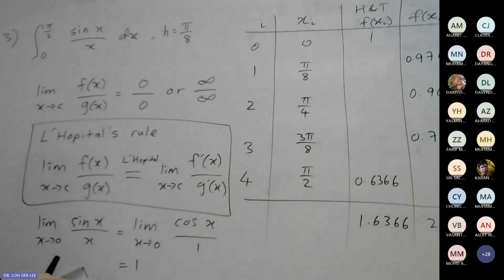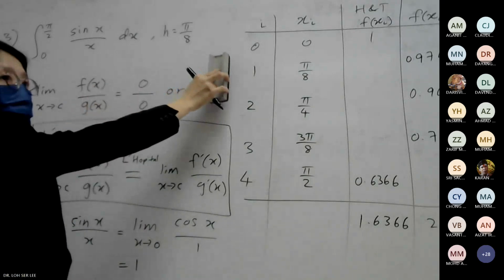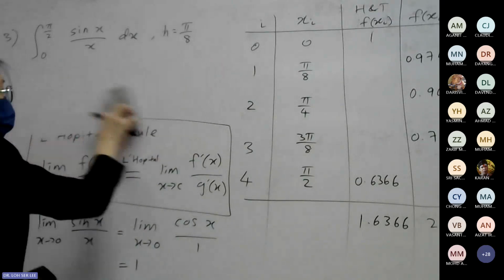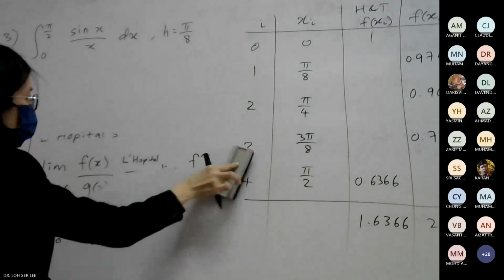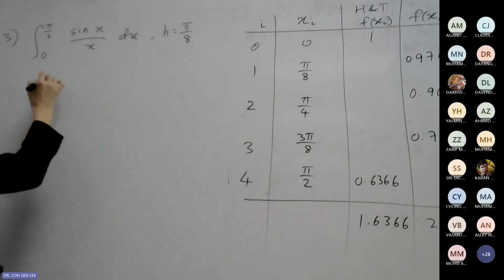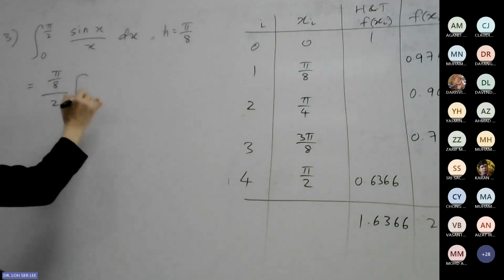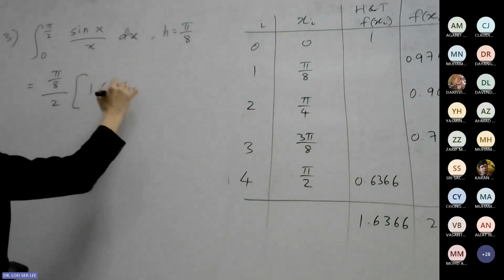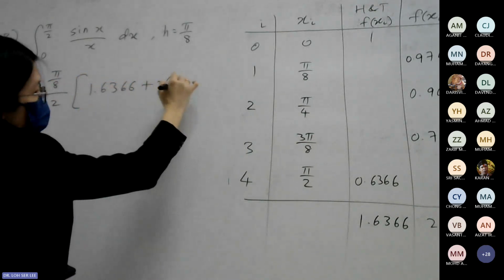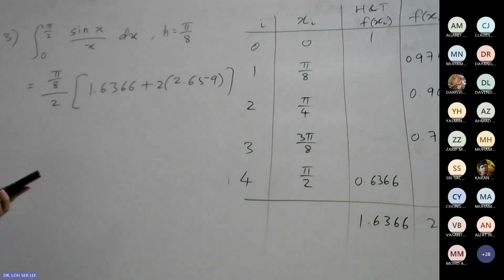Okay. I rub this off. So 5/8 divided by 2, and this one plus 2 times 2.659 divided by 2.